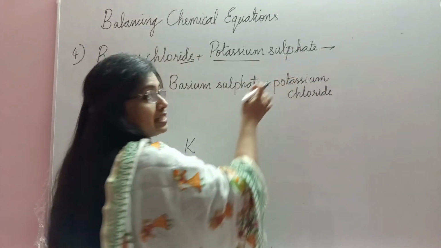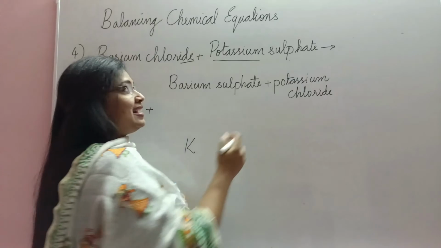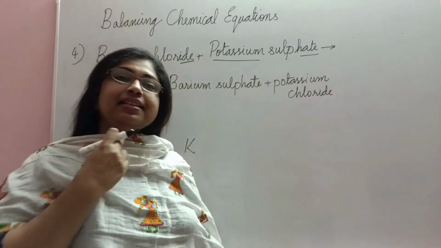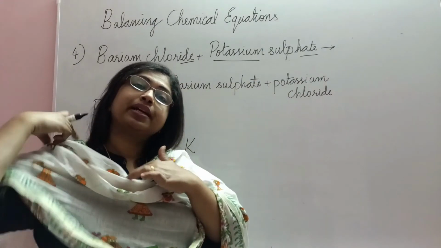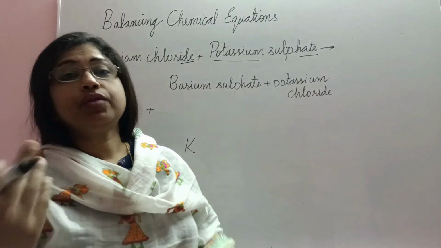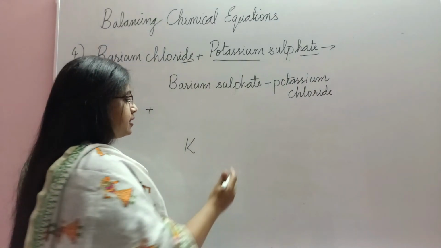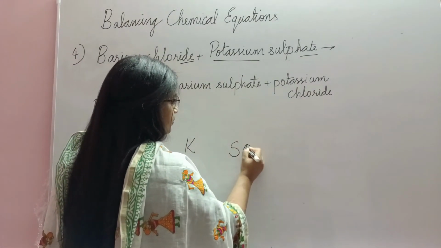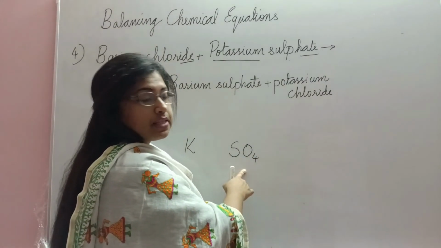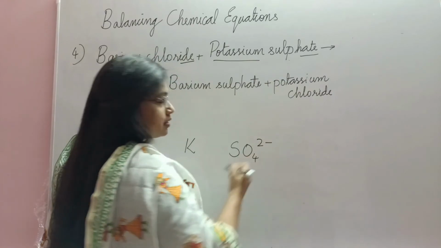Now, next is sulfate. Remember it ends in ATE. That means it is a polyatomic ion. Please recall the formula of sulfate ion, that is SO4. And you should also remember the charge of sulfate ion, that is 2-.